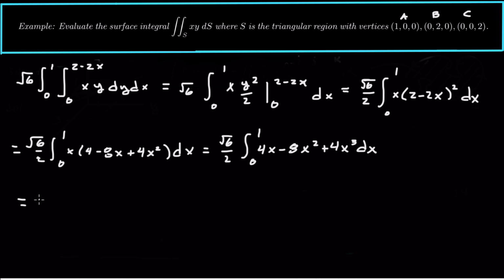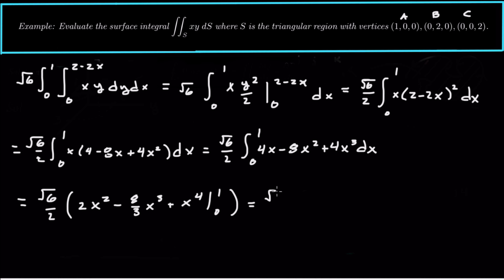I integrate, we get square root of 6 over 2 times, let's see, 4 over 2 is 2, so that's 2x squared minus 8/3 x cubed, plus 4 over 4, which is 1, x to the 4, from 0 to 1. And plug in those bounds. Plugging in 1, I just get the constants that are out front, and then plugging in 0, it's all 0.